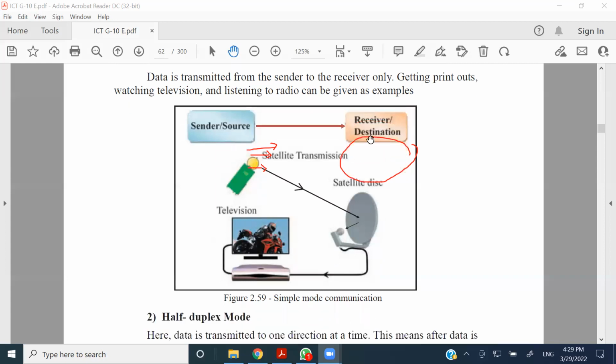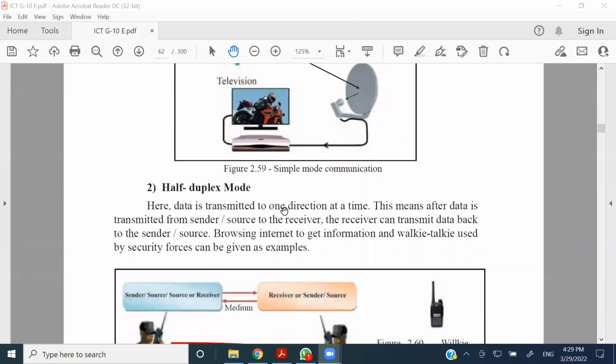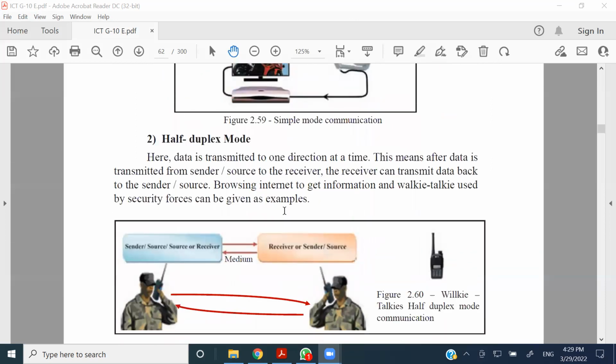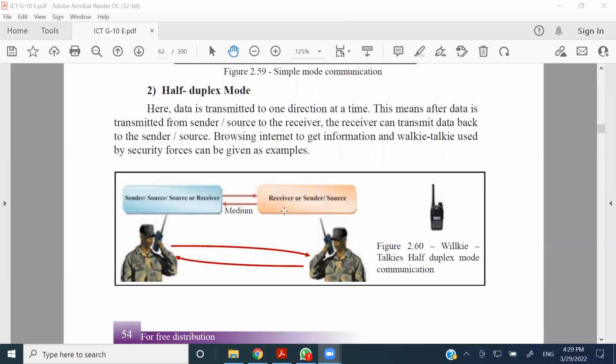And the next one is called half duplex. Half duplex means it's a two-way communication method. That means both parties involved in the communication can communicate with each other, but only one at a time.